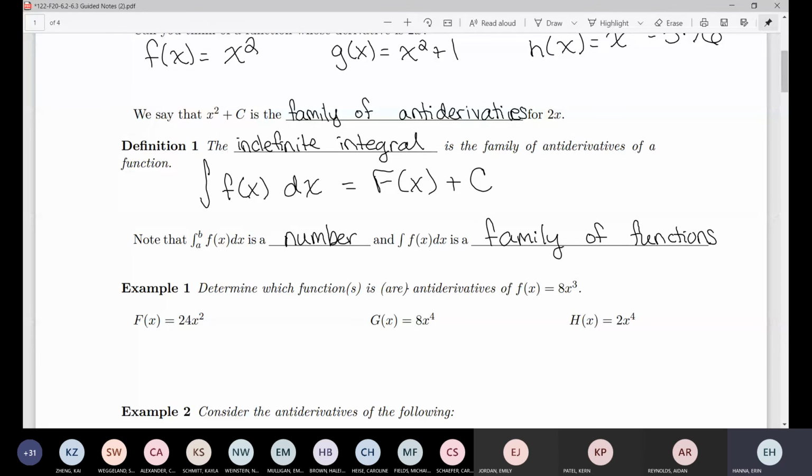So if we take the derivatives of these choices, we want to try to get 8x cubed. So what's the derivative of this capital F? Well, it's power rule. Bring the power down, subtract 1 from the power. Still got to think about derivatives a little bit. That gives 48x, and 48x is not 8x cubed.